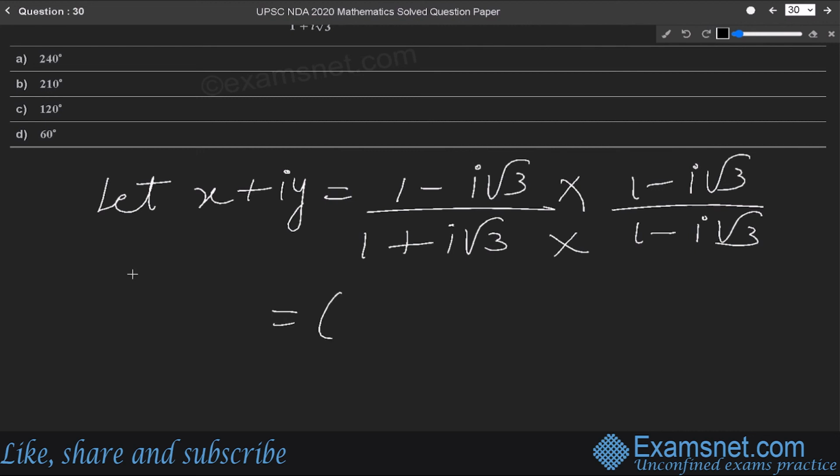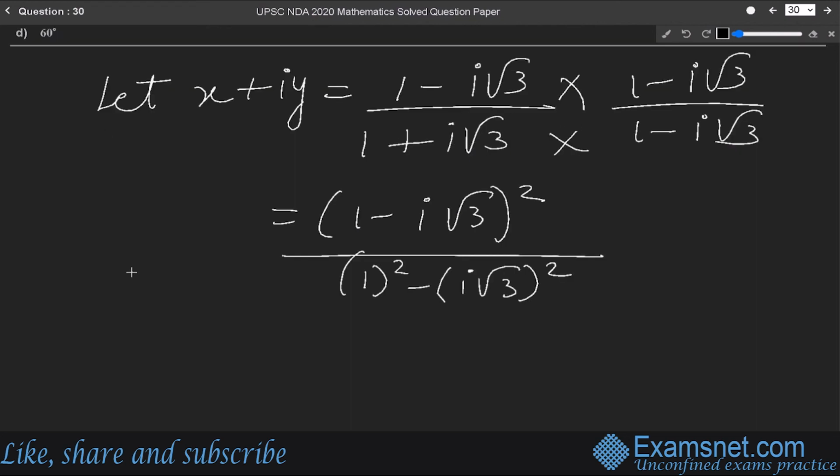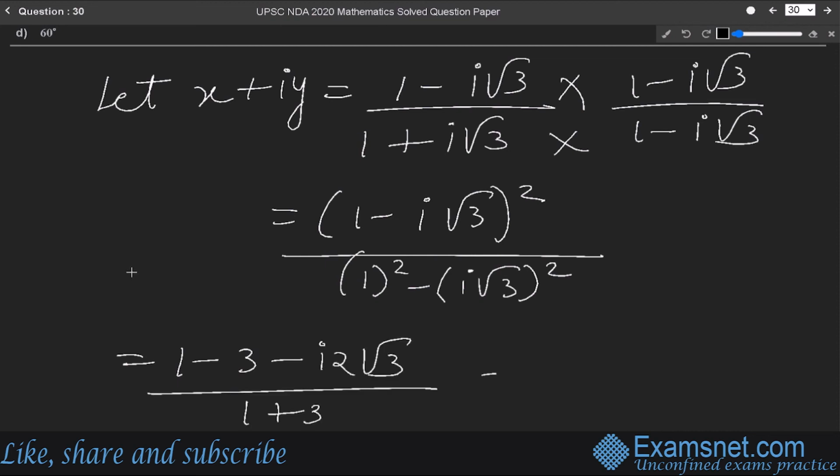Further solving it, it will be (1 minus i root 3) whole square upon 1 square minus (i root 3) whole square. Further solving it, it will be (1 minus 3 minus i 2 root 3) upon (1 plus 3), which is equal to minus of (1 plus i root 3) upon 2.